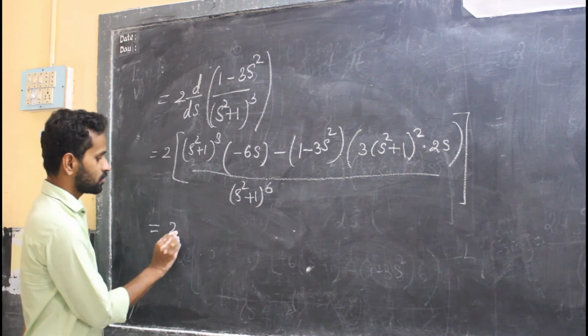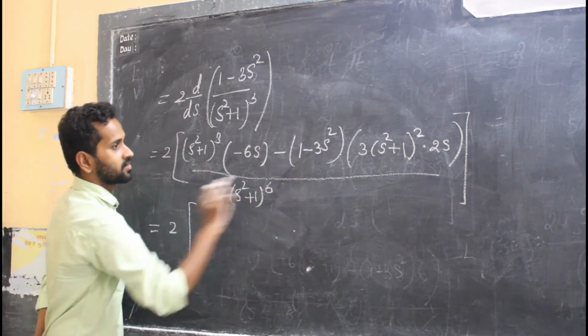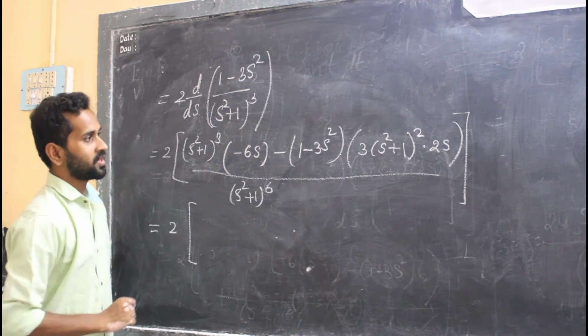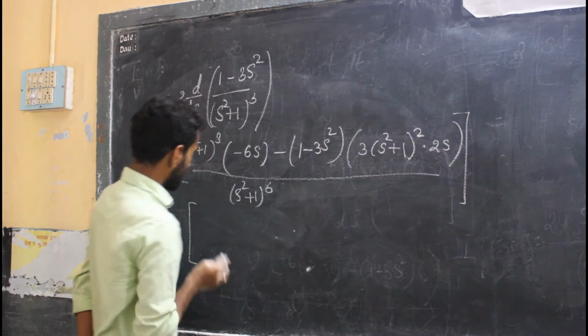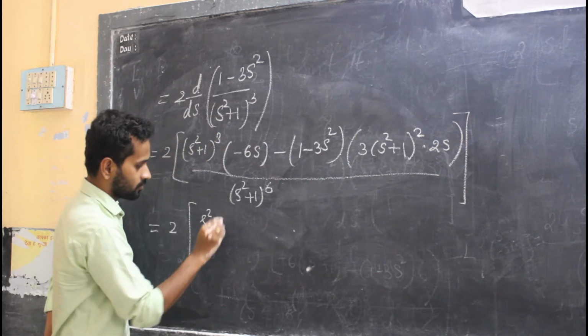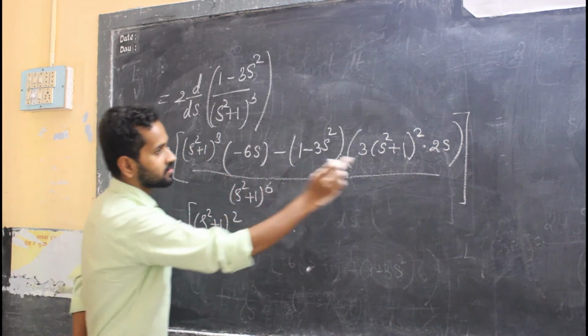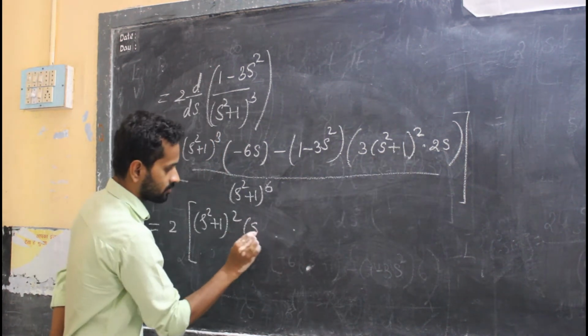This becomes 2 into, now simplify this. In this, what is the common? Look at it, (x square plus 1) whole square if I take outside, and x also I can take outside.